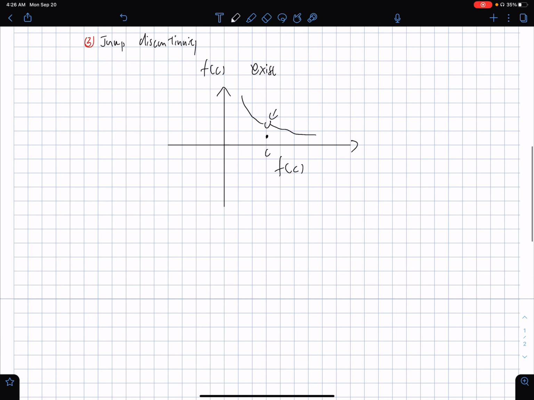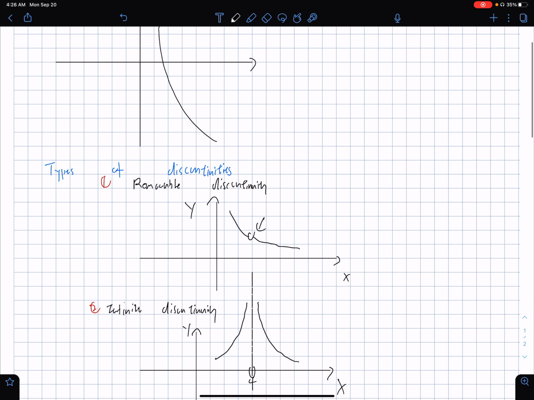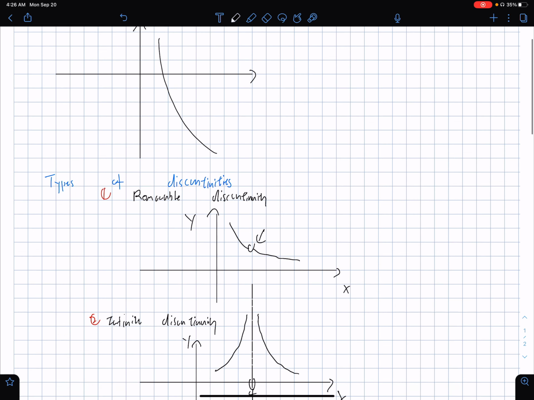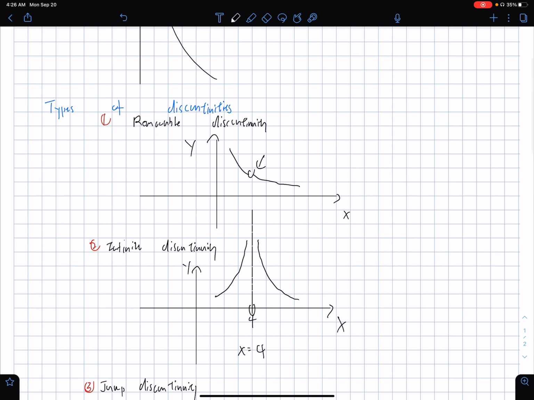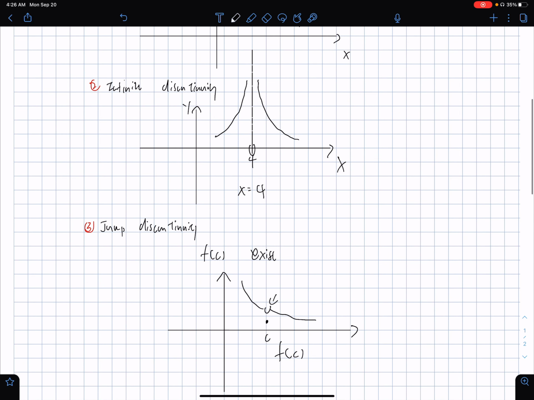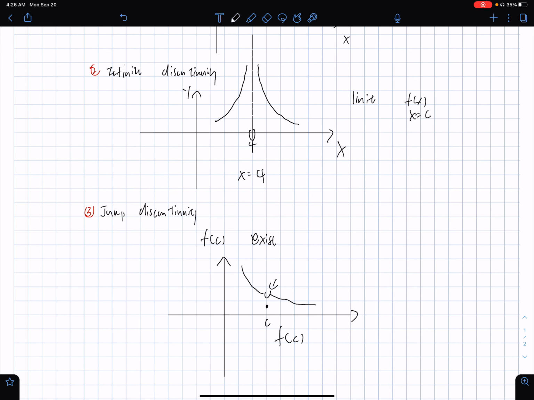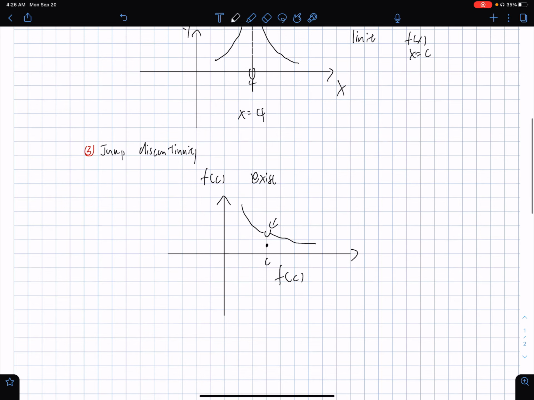So all these have a mathematical definition as well. So here, it just means that the function is undefined if x equals c. The infinite discontinuity is that the limit of f(x) does not exist at x equals c, and we'll talk about later what defines if a limit exists or not.